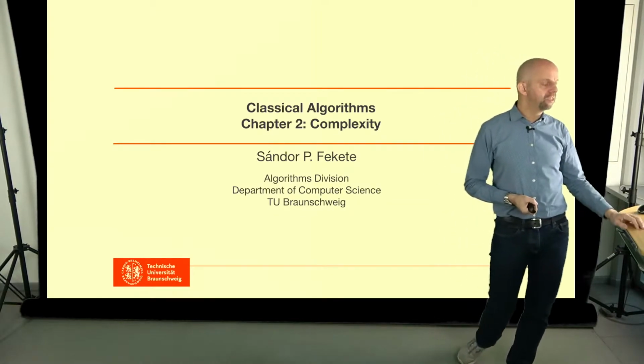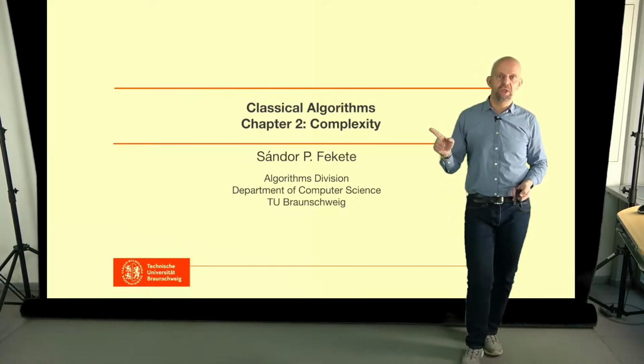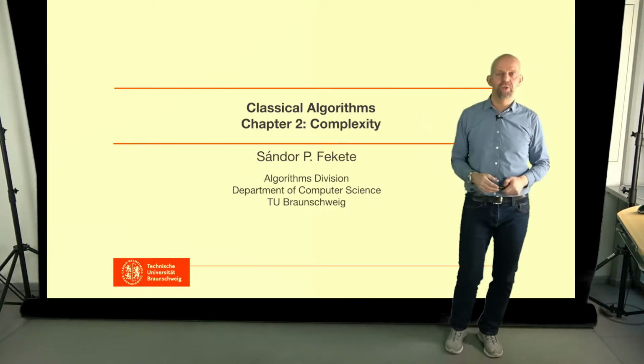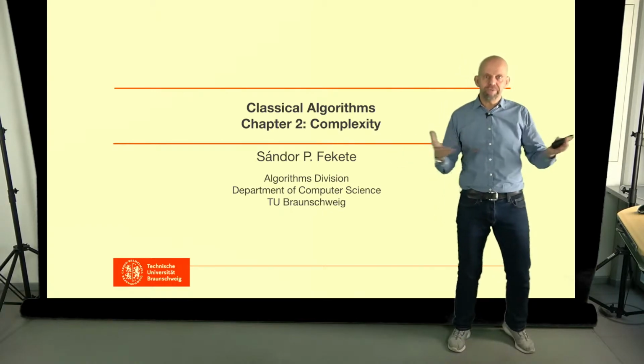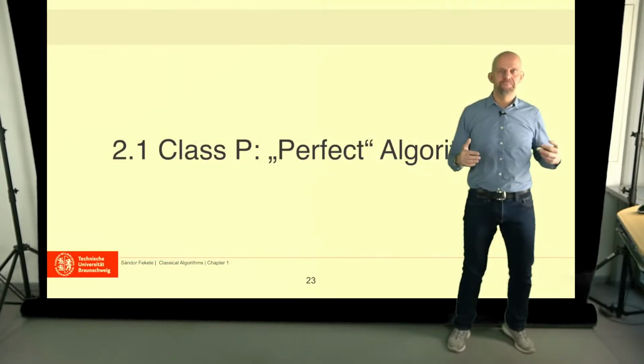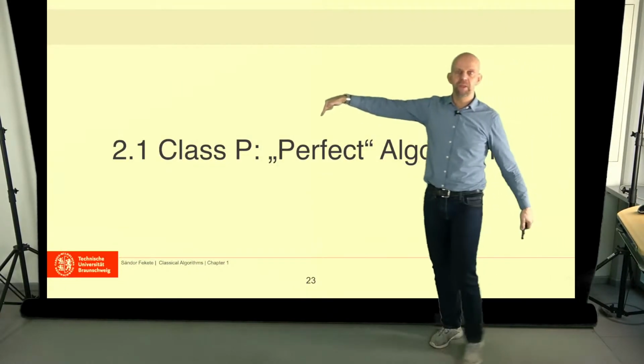A good problem, a difficult problem makes things difficult. So let's look at what it means to solve a problem, classical problem, by computer, and how we sort of distinguish between problems of difficult classes.